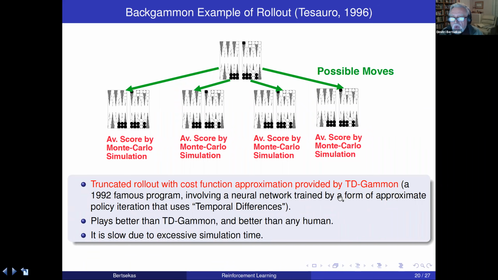They will generate moves in seconds, almost instantly. So that's the backgammon example. Very impressive at that time, very motivating, and it also highlighted the difficulty with excessive simulation time.